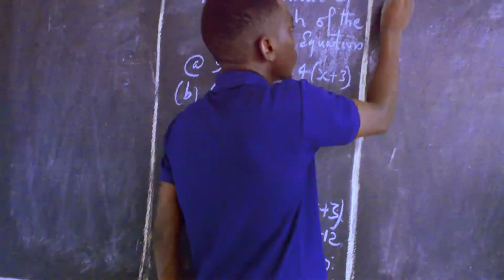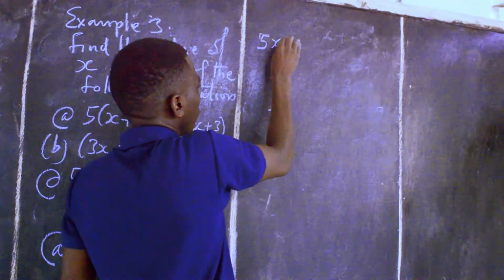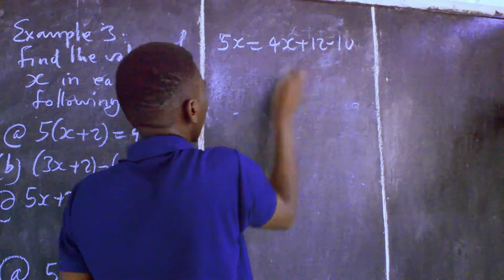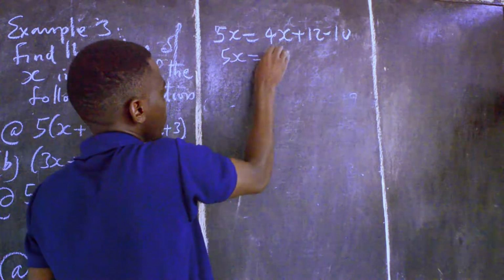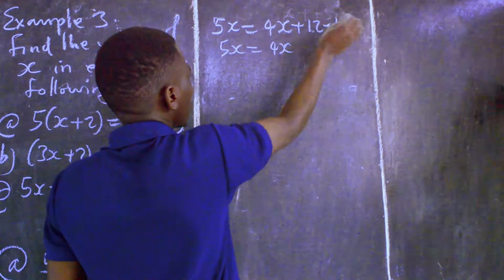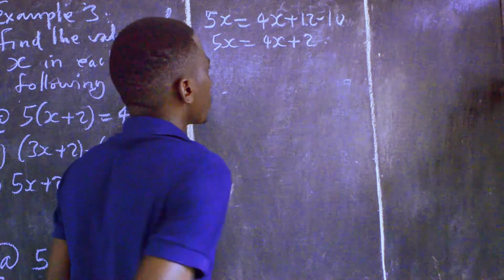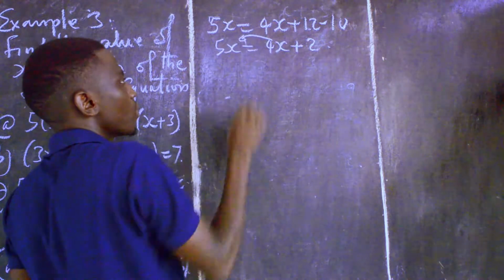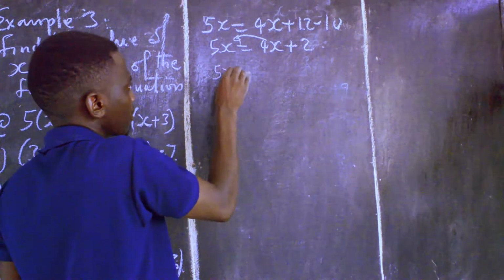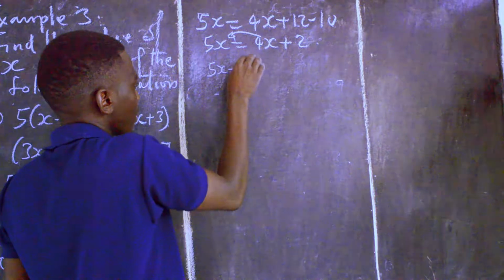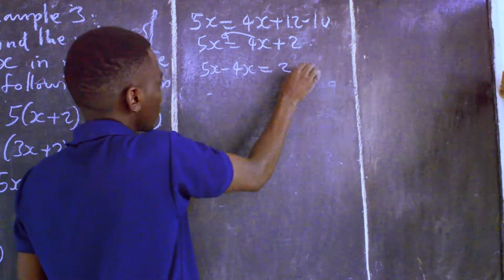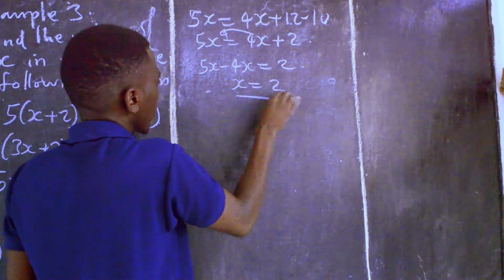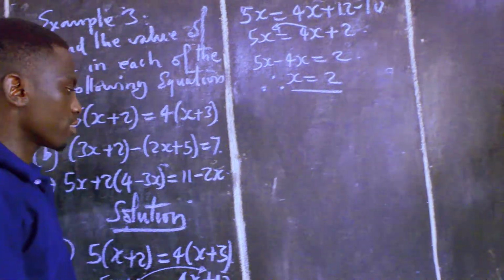So you will have 5x will be equal to 4x plus 12 minus 10. 12 minus 10 here you get positive 2. This 4x here is positive. Once it comes on this side it becomes a negative. So you will have 5x minus 4x will be equal to 2. So 5x minus 4x here you get x is equal to 2. This is the required value of x.